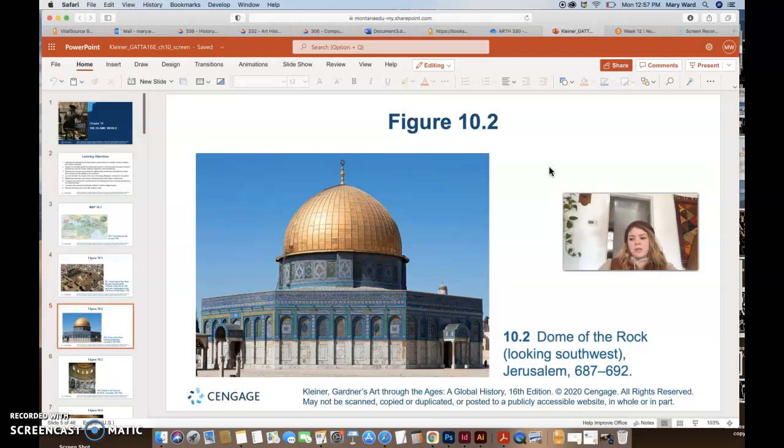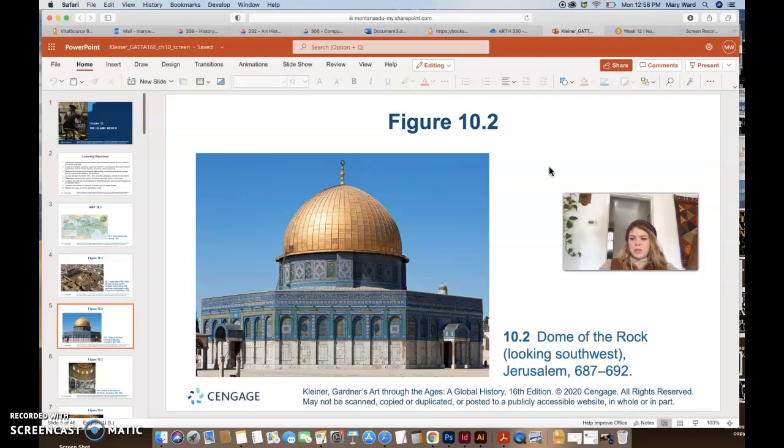And after Muhammad's death, the caliphs, which is the Arabic word for successor, continued the practice of uniting religious and political leadership in one ruler. So, religion and political power were very much intertwined, and the caliph is basically like the ruler in Arabic. So we're going to be talking a lot about caliphs in this chapter, and what caliph means is just that this is the ruler. So just try to remember that moving forward.